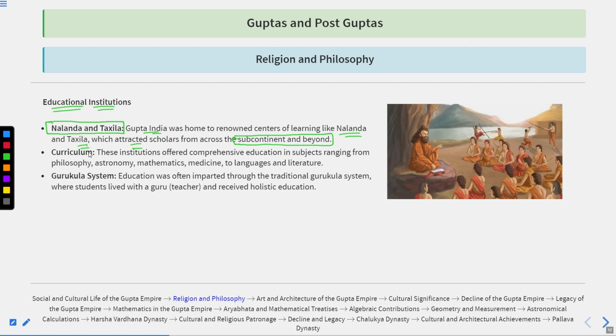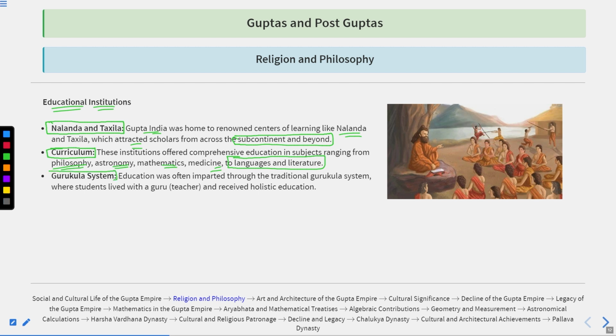Thereafter, the curriculum. These institutions offered comprehensive education in subjects ranging from philosophy, astronomy, mathematics, and medicine, and even went up to languages and literature.